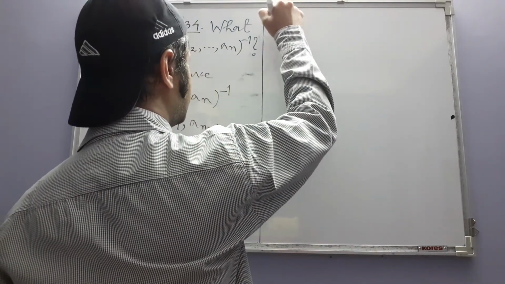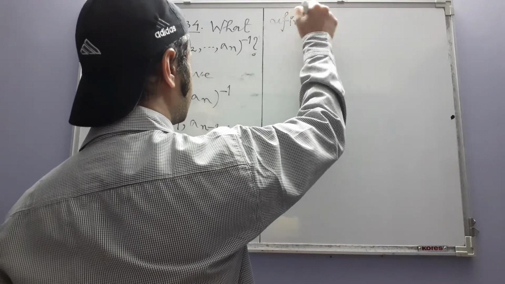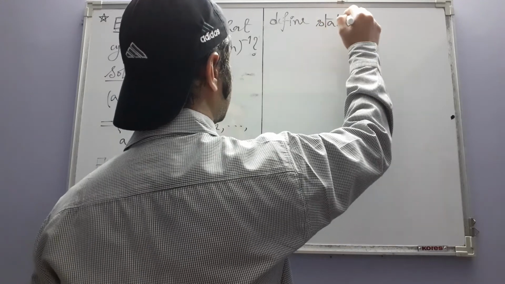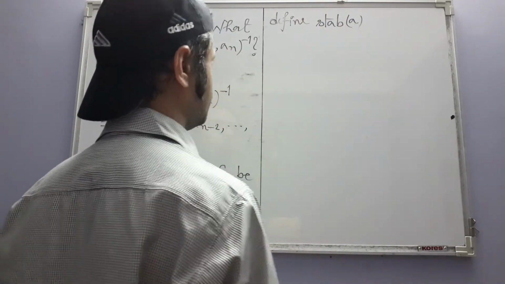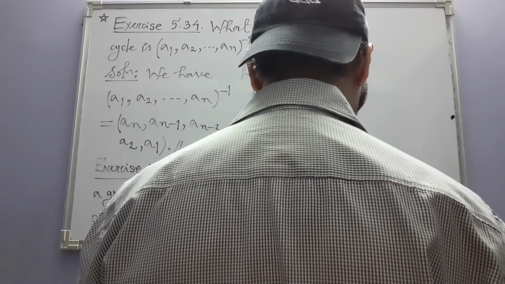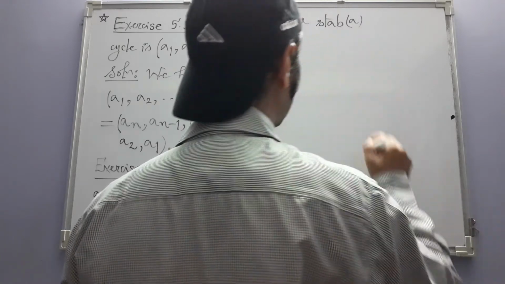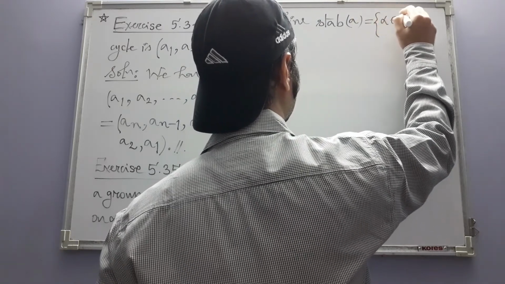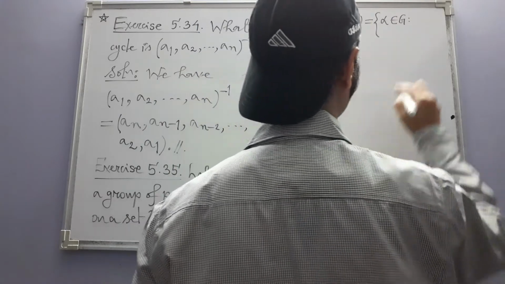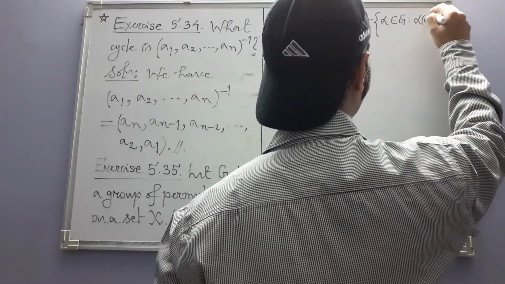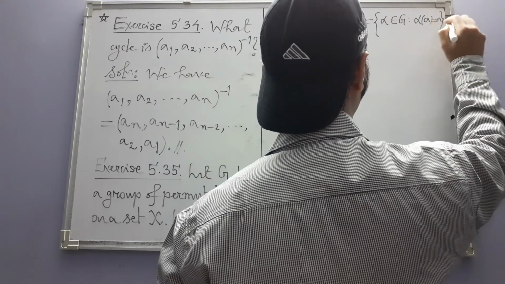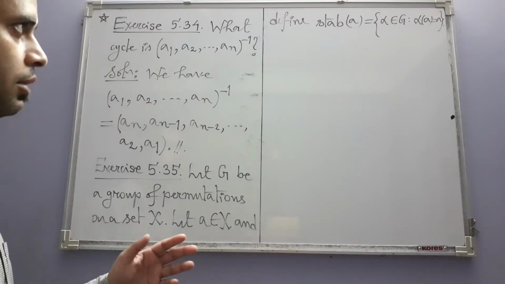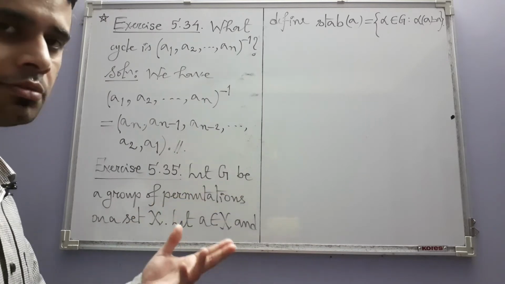And define stab of A to be the set of all permutations in G which fix this element A, because A is coming from X on which any element of G is a function.